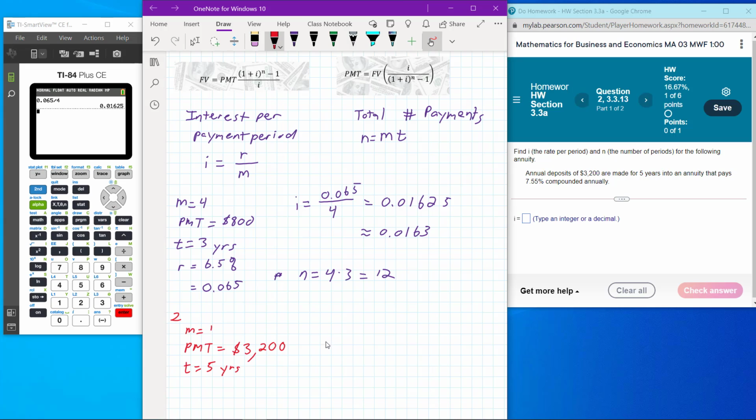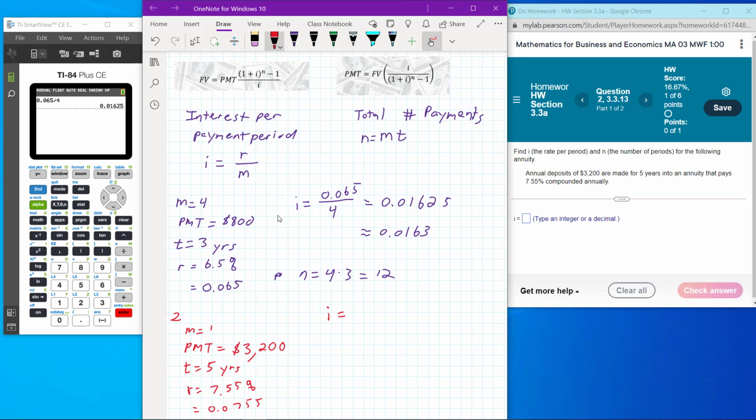And then the account pays an interest rate of 7.55%. So R is equal to 7.55%, and as a decimal, that's going to be 0.0755. Once again, we are interested in figuring out what I is.